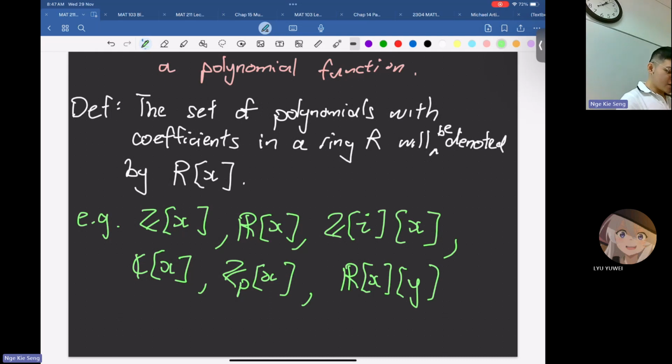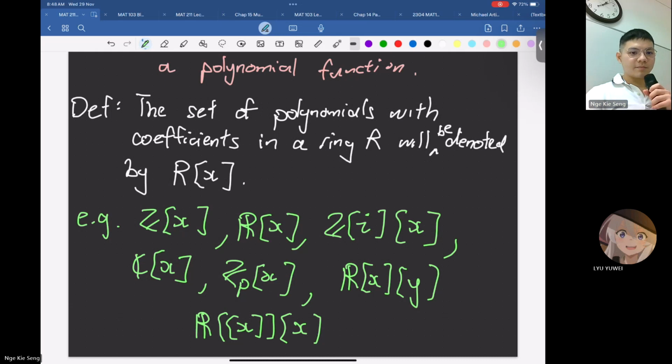We can attach, for example, let's do formal power series first, attach x on formal power series. We can do this. Okay, so these are all polynomial rings. So it's very general.